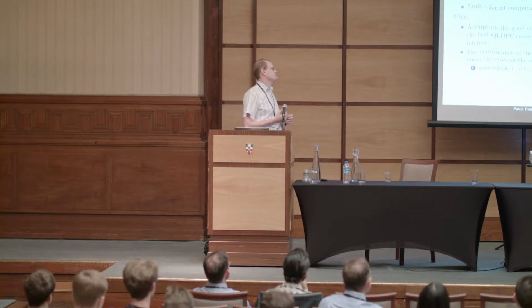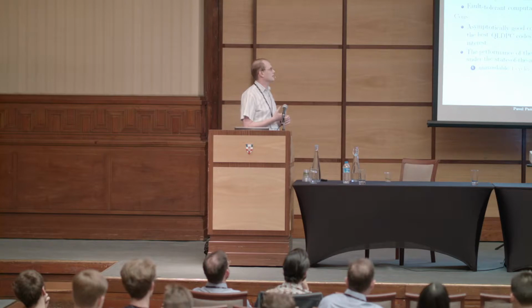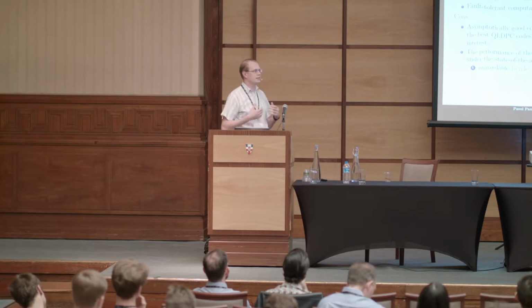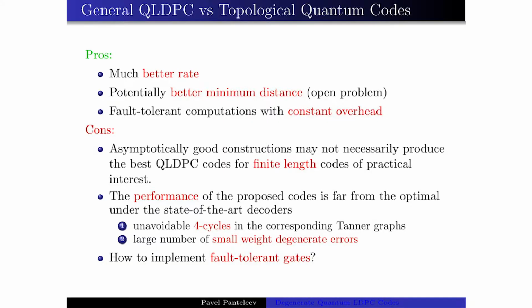First, if you look at Tanner graphs of QLDPC codes, they necessarily have 4-cycles. But I think this problem is not really important, because I will show you that it is possible to design at least CSS codes where each part has no 4-cycles, and those codes work quite well with the BP decoder. So this is not a big problem.